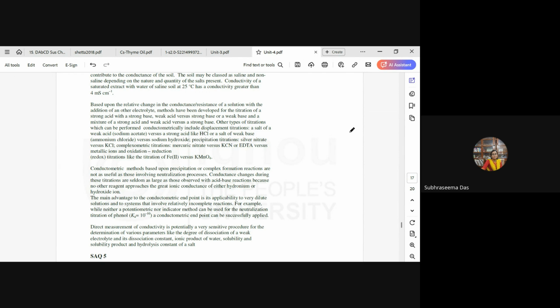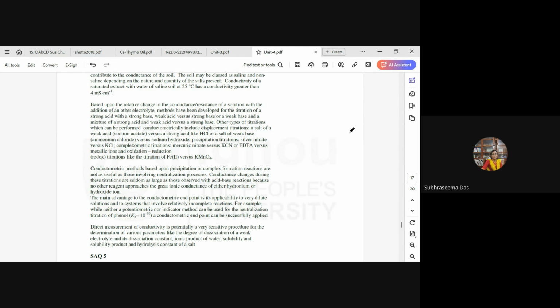Other types of titrations which can be performed conductometrically include displacement titrations, for example a salt of a weak acid, that is sodium acetate, versus a strong acid like HCl, or a salt of a weak base, that is ammonium chloride, versus NaOH. There are also precipitation titrations, that is silver nitrate versus KCl.